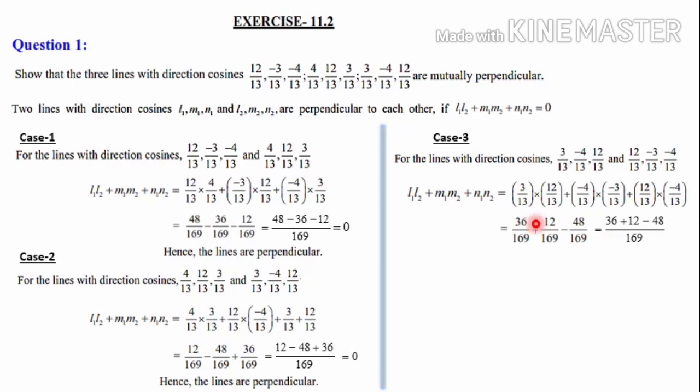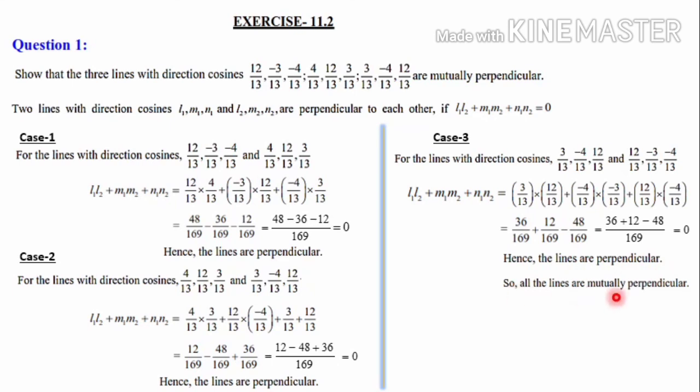That is equal to 36 plus 12 minus 48 in the numerator, common denominator 169, that is equal to 0. As before, 36 and 12 we can add, that is 48, 48 minus 48 is 0. So here also their product is 0, that's why the lines are perpendicular.